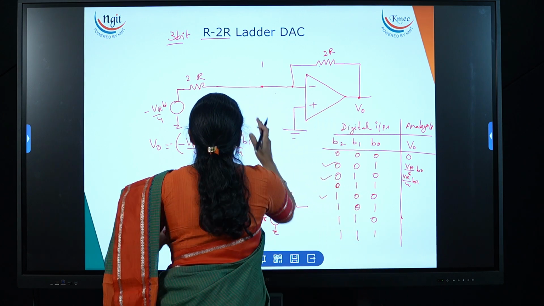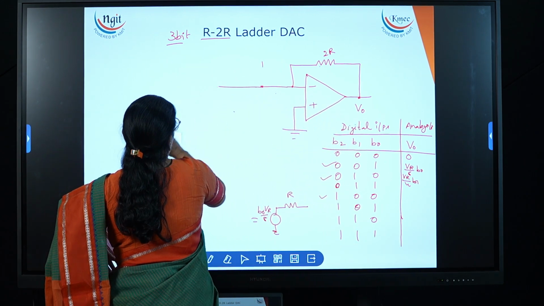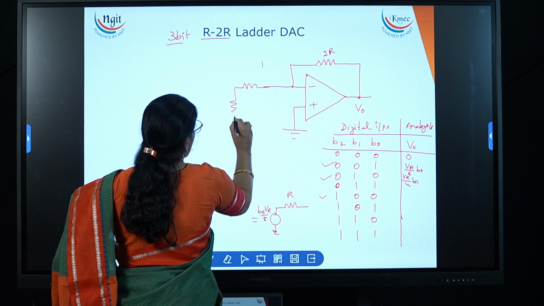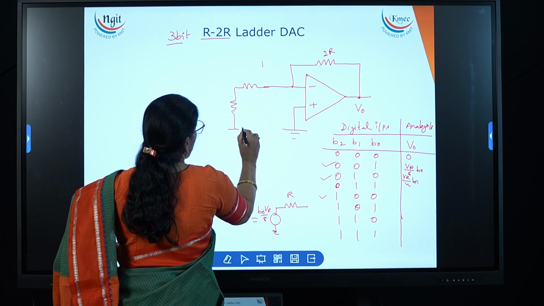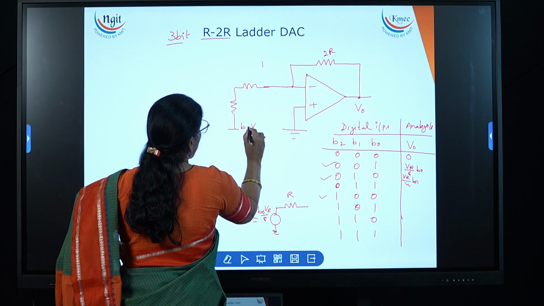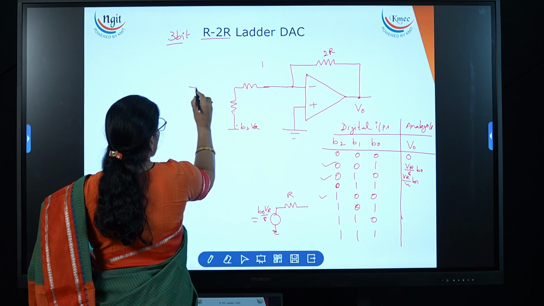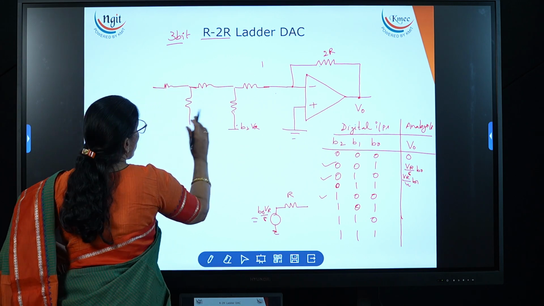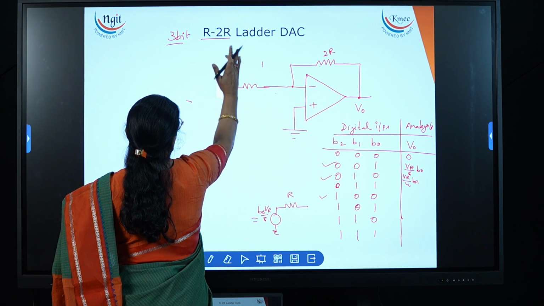Again similarly, you do the same calculations for the last one, the MSB bit. Now this is the MSB. I am connecting B2 to the V reference. So now if you do the same Thevenin's equivalent diagram, you will get the final diagram.